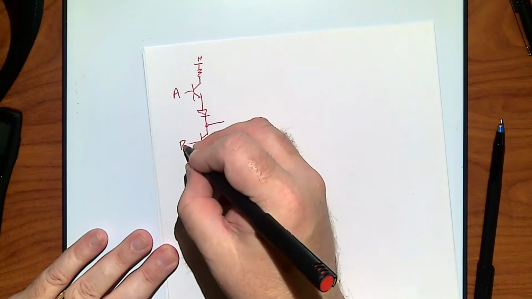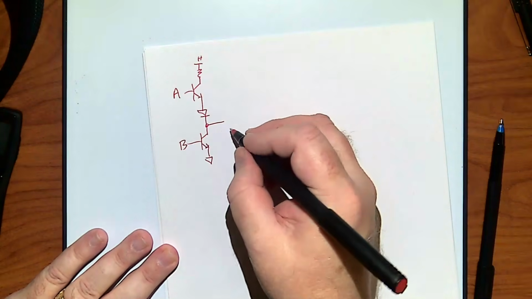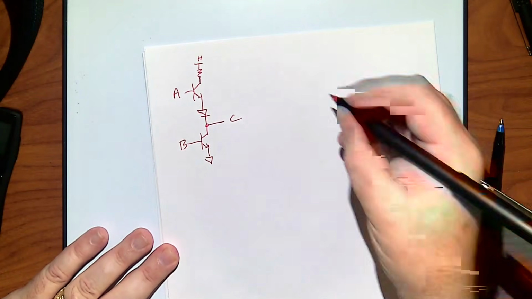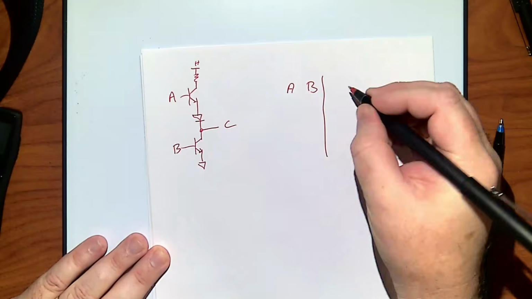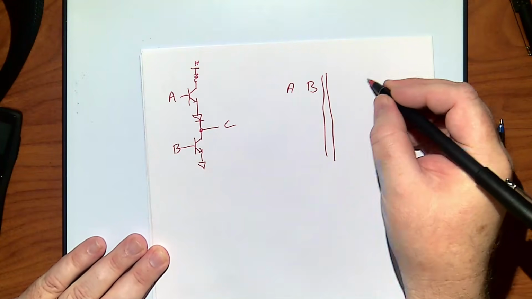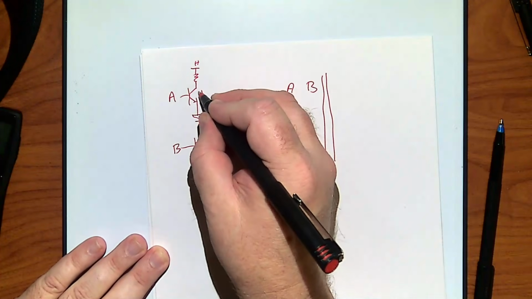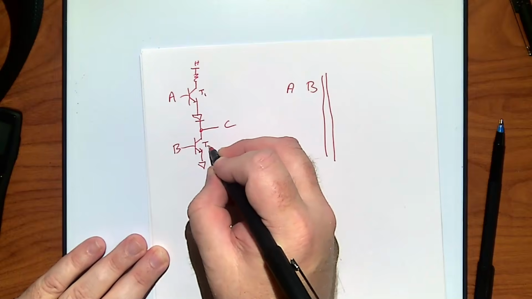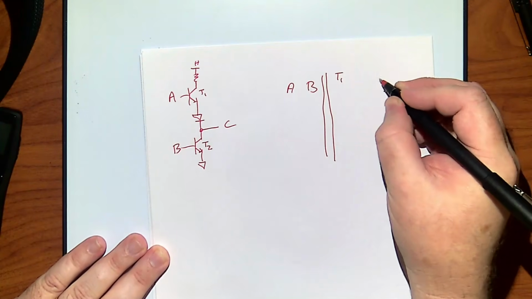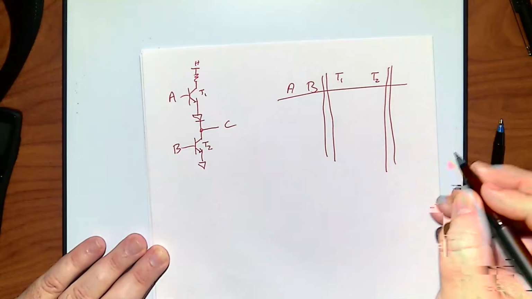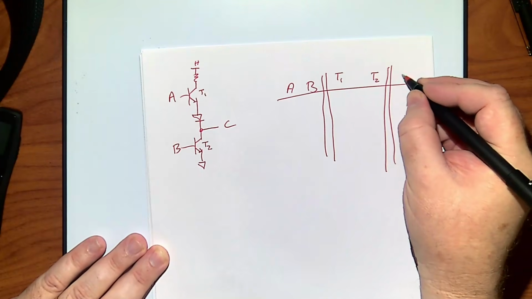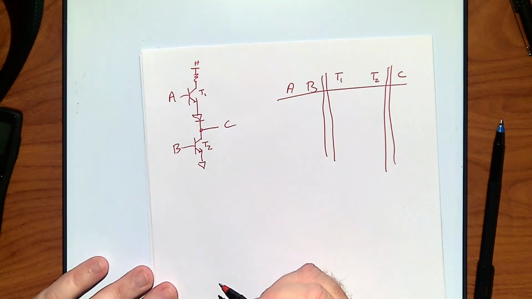I'm going to call this A and B, and then my output C here. I'm going to make a little middle chart. I'm going to call this transistor 1 and this transistor 2, just so we remember what's going on. And then our output C.